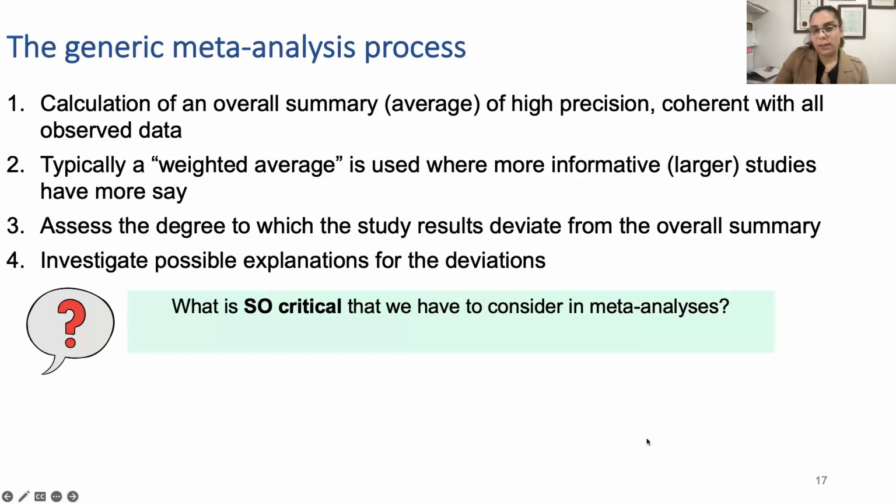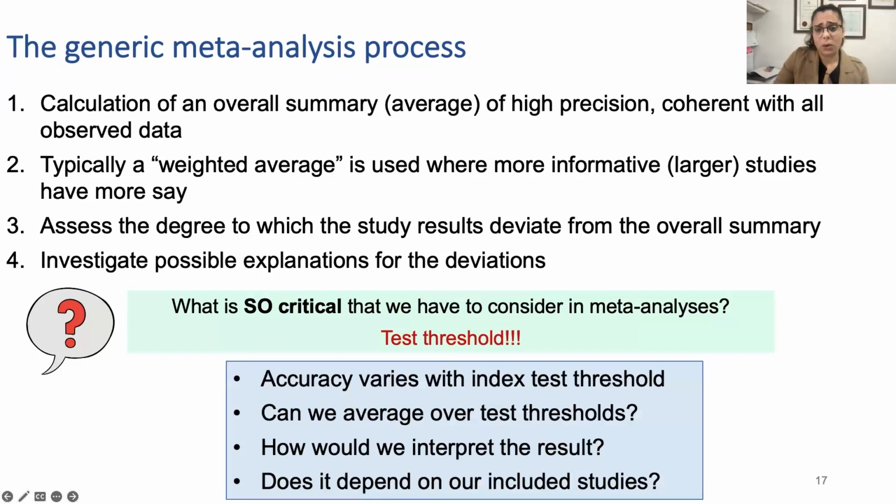So what is so critical in our systematic review of diagnostic test accuracy studies? And that is the test threshold. We should not ignore the different test thresholds in the meta-analysis. And we should always ask, when we combine the results across the different thresholds, whether this makes clinical sense, whether we can interpret those results, and whether the different characteristics of the studies may impact those results.